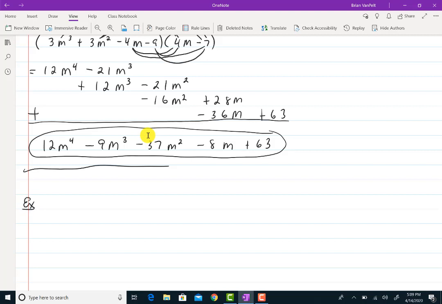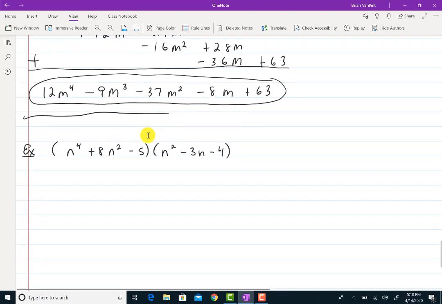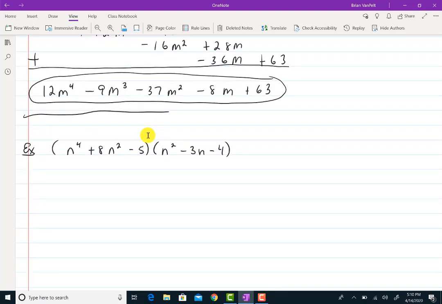So we will go to n to the fourth plus 8n squared minus 5 times n squared minus 3n minus 4. Let me multiply it out. So this is everything times everything. I don't know how else to describe it, but I'll start here with my n to the fourth times n squared.